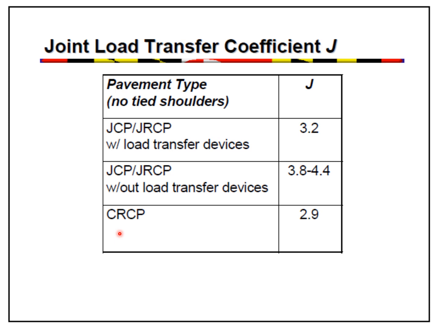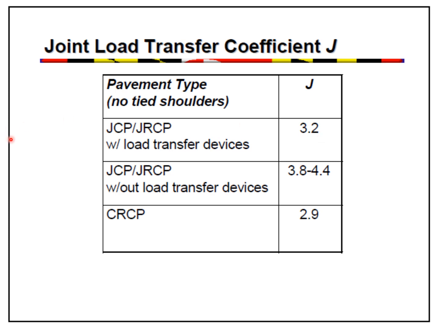So you can see that we have the smallest joint load transfer coefficient value in the case of CRCP, that is 2.9. But if you just compare these two cases, JCP or JRCP with load transfer devices and without load transfer devices, you can see that when the load transfer devices are used at the joint, the joint load transfer coefficient value will be smaller.